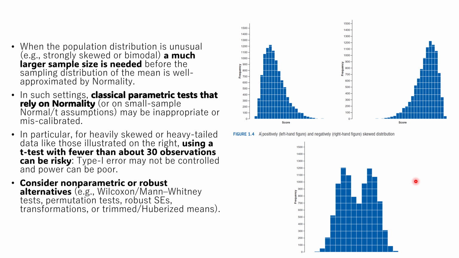So if data are non-normal or the sample size is small, for example less than 30, or the data looks like here, then we need to apply a non-parametric method like the Wilcoxon and Mann-Whitney test or permutation test, robust standard errors, or transform the dataset like that.